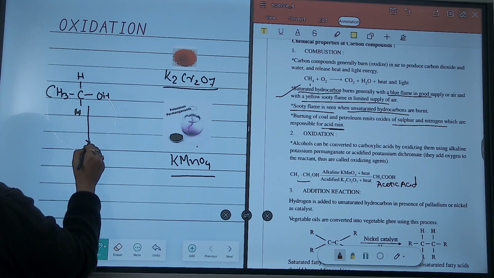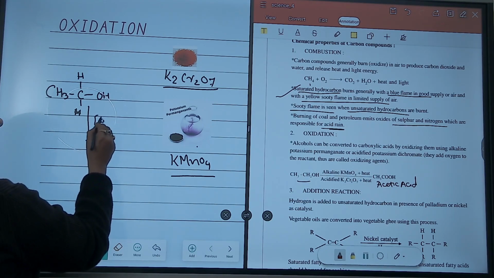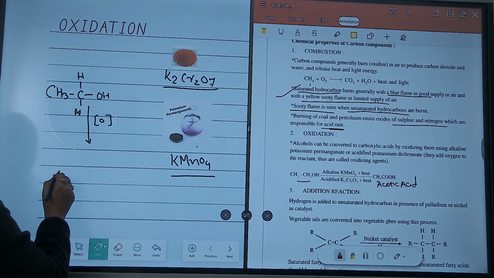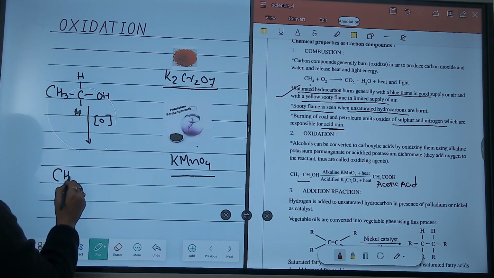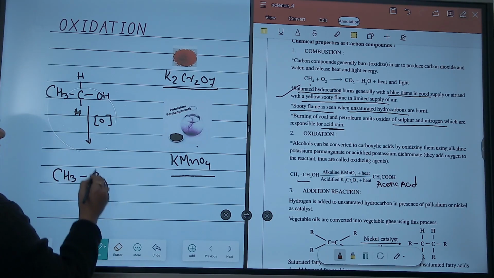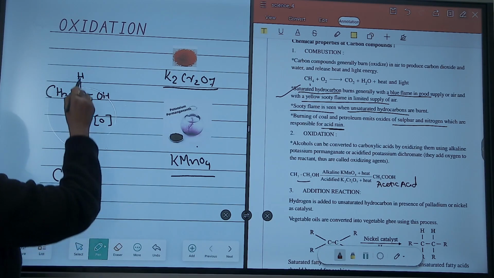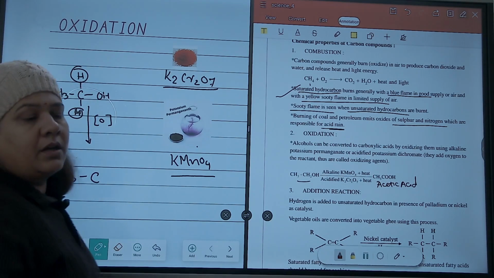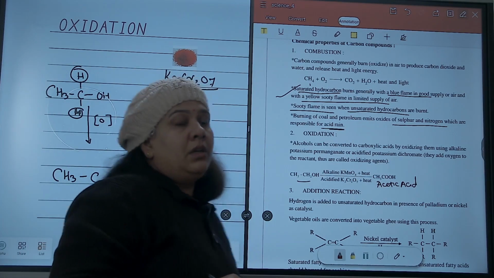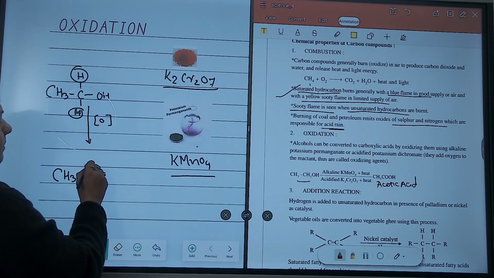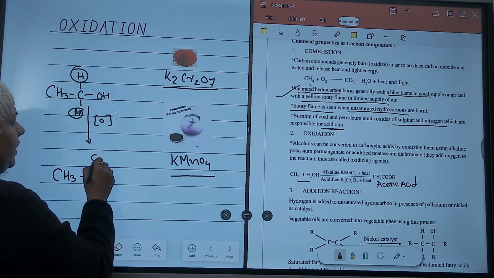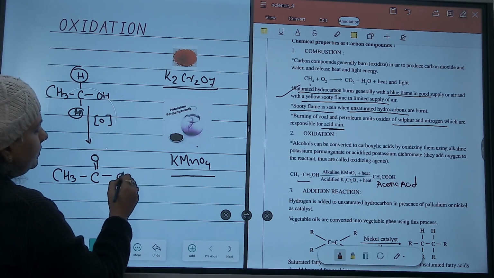See, in presence of these oxidizing agents, what is happening? See, these two H atoms are being removed and they are replaced by single oxygen atom.